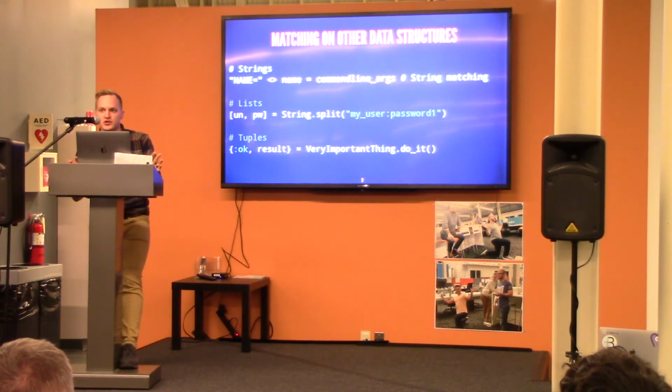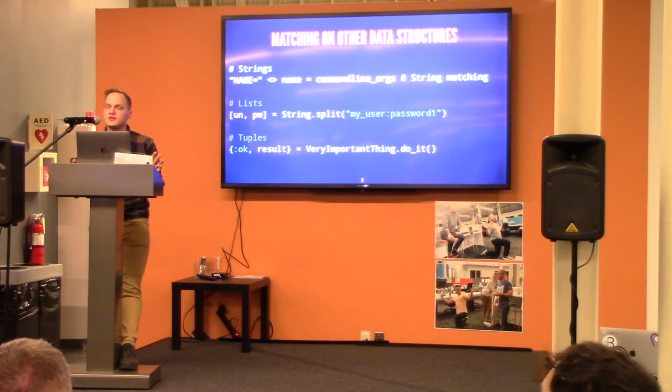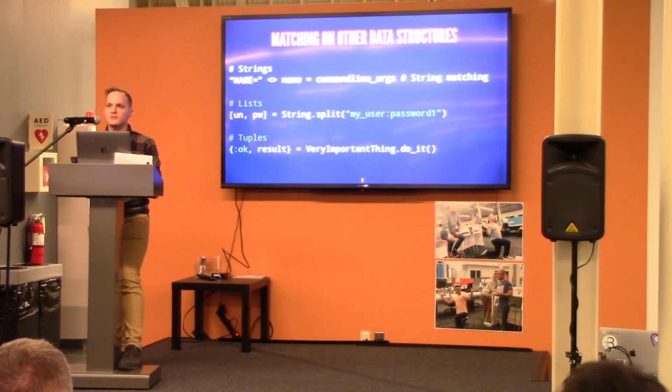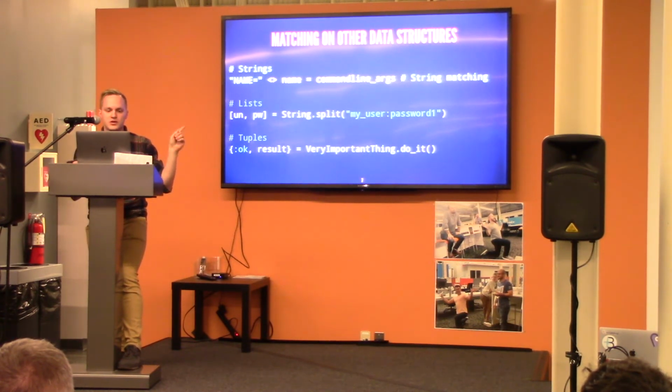You can do pattern matching on other data structures. The big one that sets it apart as fairly distinct between Elixir and Erlang, which share the same VM, is string matching. Strings are binary lists, I want to say underneath, or is that char lists?